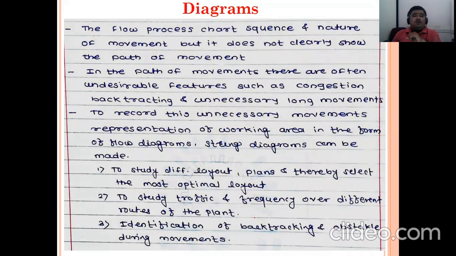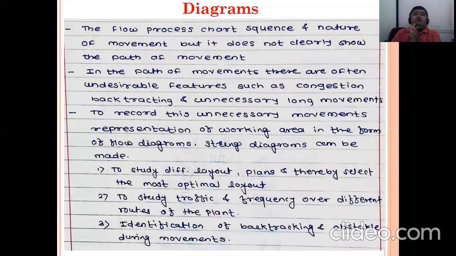We also study the traffic and frequency over the different routes of the plant. So let's say there is a diagram from the store to the maintenance department. If more people are going to the store and to the maintenance department, the frequency and the traffic on that route is more.